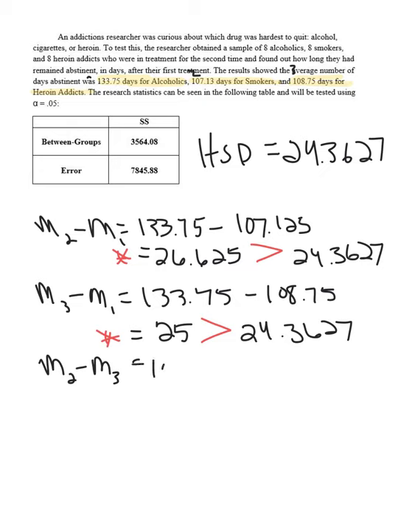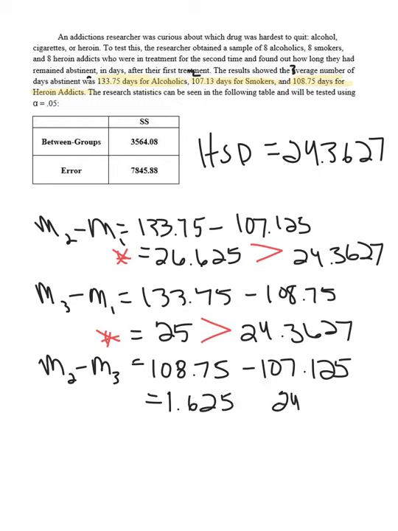So we have 108.75 minus 107.125, and that is a difference of 1.625. Now, again, we're going to compare that to 24.3627, and pretty obvious, 1.625 is less than that, so it's not significant.